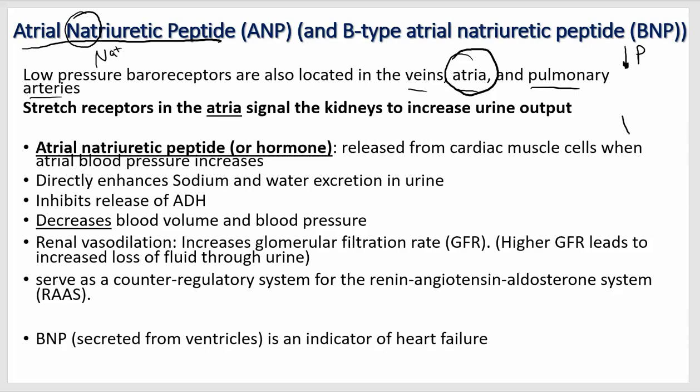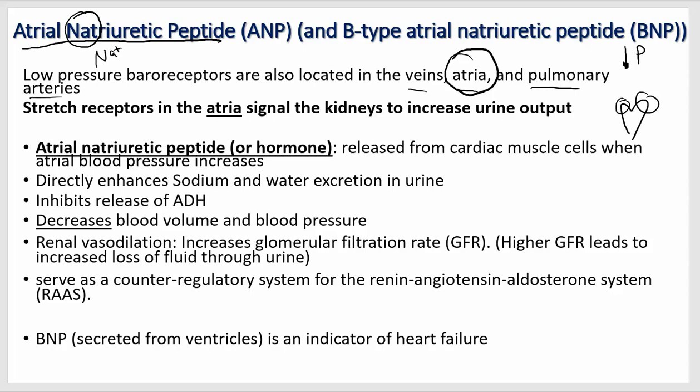Remember, the atria are the top parts of the heart, and when they are stretched more, they send a signal to the kidneys, and it tells the kidneys not to reabsorb sodium, not to reabsorb water, and to dump those.